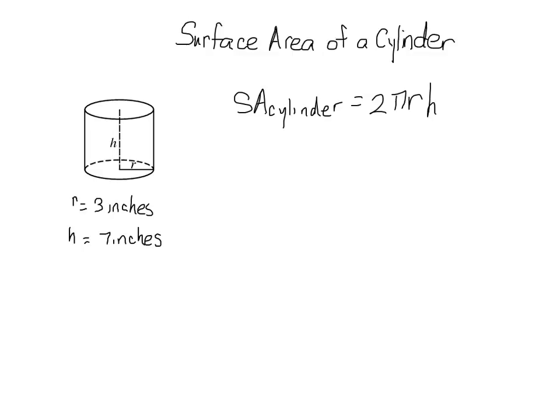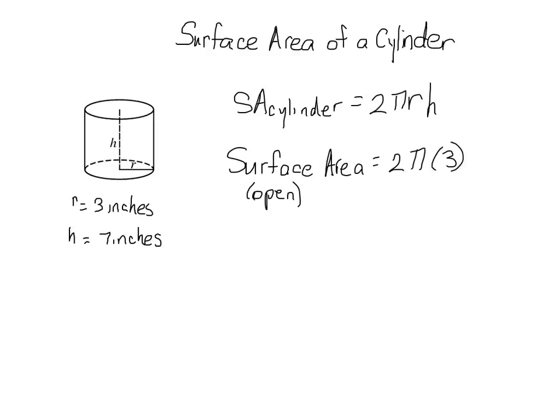So we're going to say that the surface area in this example of our open cylinder is equal to 2 pi r, which in this example is 3, h, which in this example is 7. So in this case, we get 42 pi.